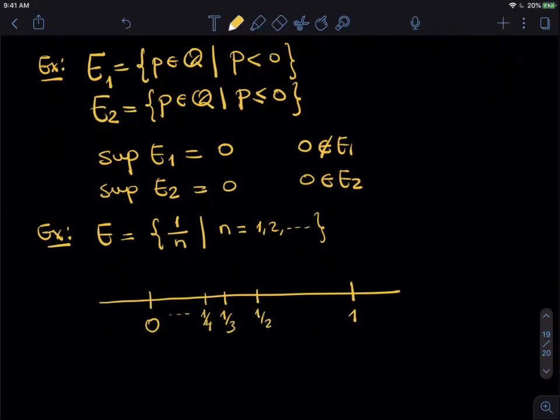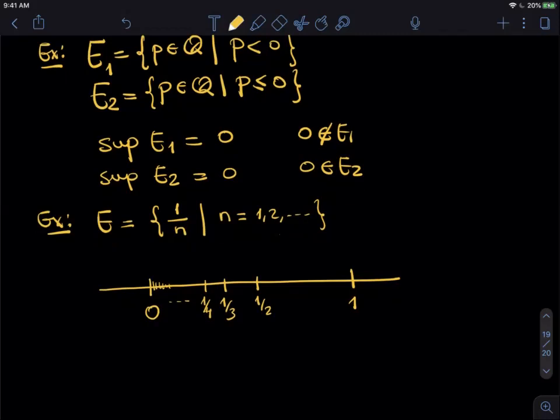And it will kind of accumulate towards 0. But 0 is never going to be part of E. Now, what is the least upper bound? What is the supremum of E? The supremum of E is equal to 1. It is the smallest number that is bigger or equal than every number in the set E. We take any number below 1 and we are already leaving one member of E out. So the supremum is equal to 1.